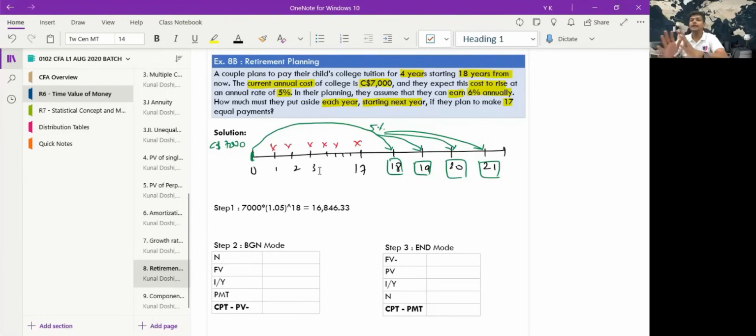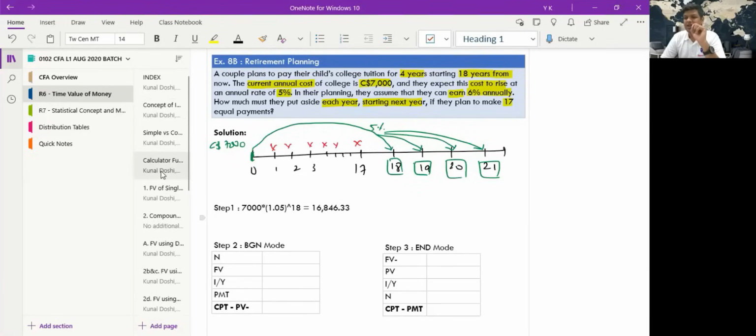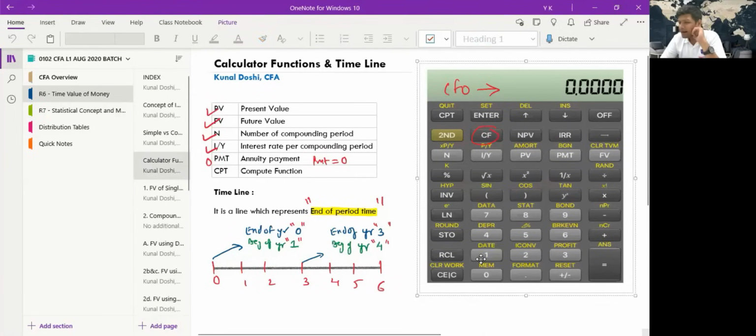Guys, in your calculator, you can solve this. How will you solve this? I will show you here in your calculator. Press 1.05. Everyone with me? Then you have something called y raised to x, which is the power. So after pressing 1.05, press y^x. Everyone with me? And here, how many years did we have to go ahead? 18, right?